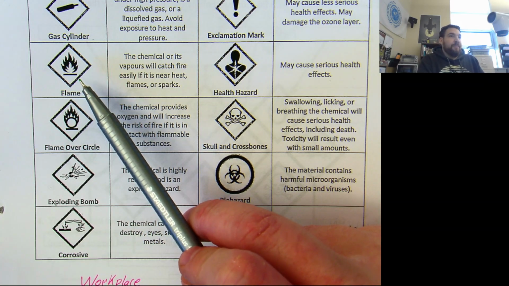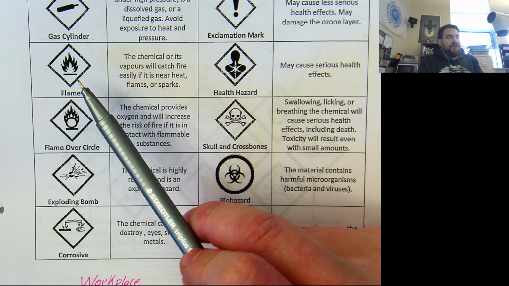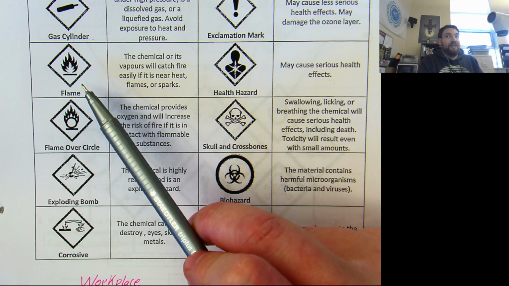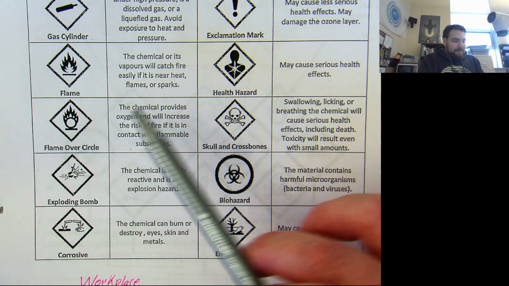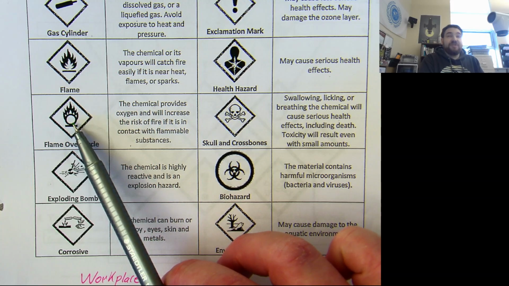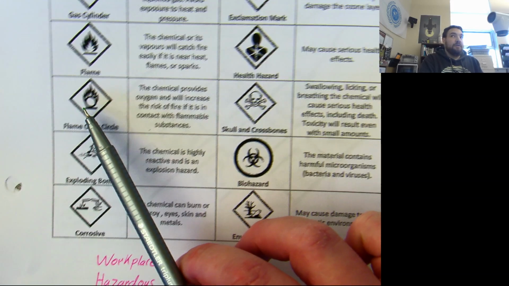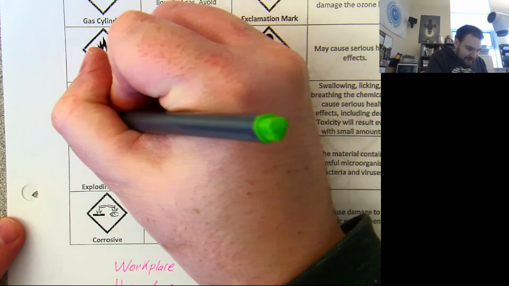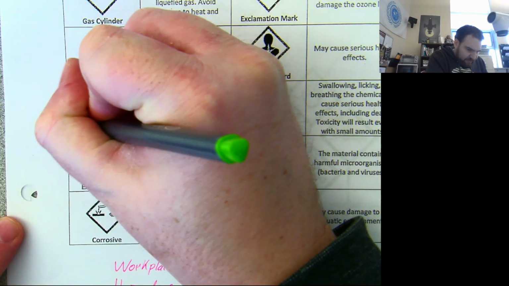This symbol would also show up on your spray deodorant, which is both good and bad. It lets you know that you can start fires with these things, which can be a lot of fun. Also lets you know that it's flammable, so maybe you shouldn't start fires with these things. This symbol here, the flame over the circle, that circle is actually supposed to be the letter O. That right there is a letter.